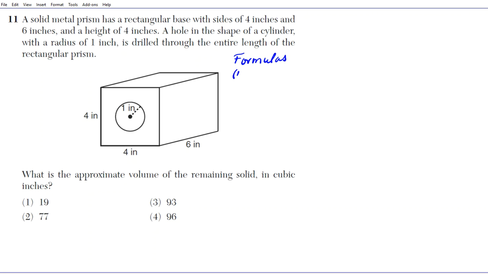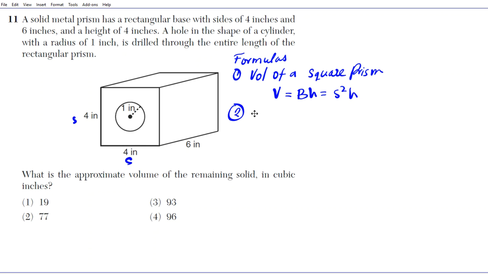The first one is for the volume of a square prism. Volume of a square prism is going to be given by the area of the base, big B, times the height. The area of the base, since it's a square, we can call this S, so the area of the base is S squared, times the height, H.